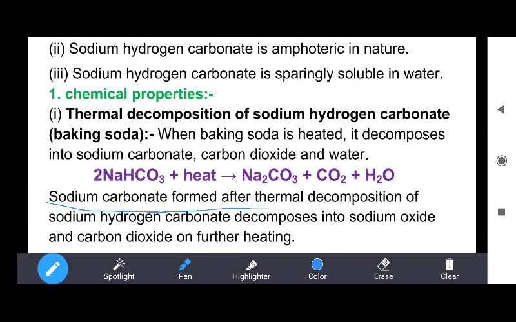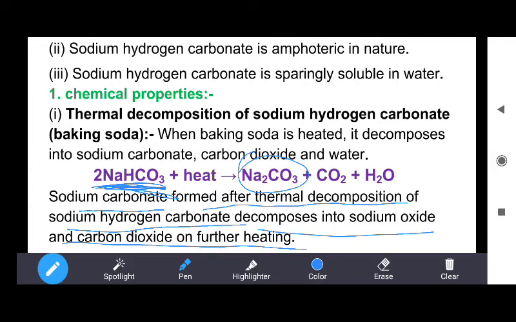Sodium carbonate formed after thermal decomposition of sodium hydrogen carbonate decomposes into sodium oxide and carbon dioxide on further heating. I think you may not have understood this, so I will explain again. Sodium carbonate which is formed after the thermal decomposition of sodium hydrogen carbonate decomposes into sodium oxide and carbon dioxide on further heating.